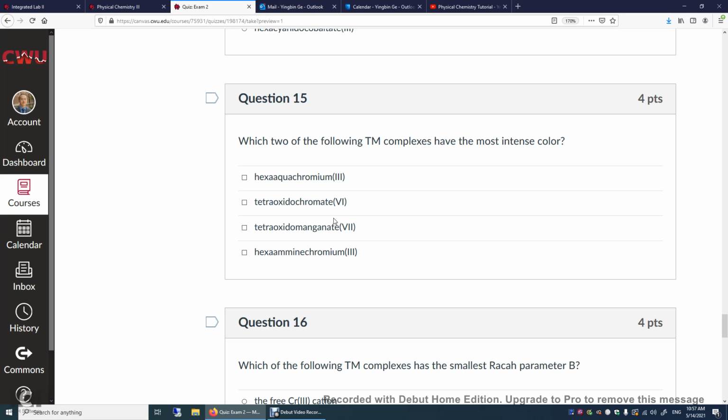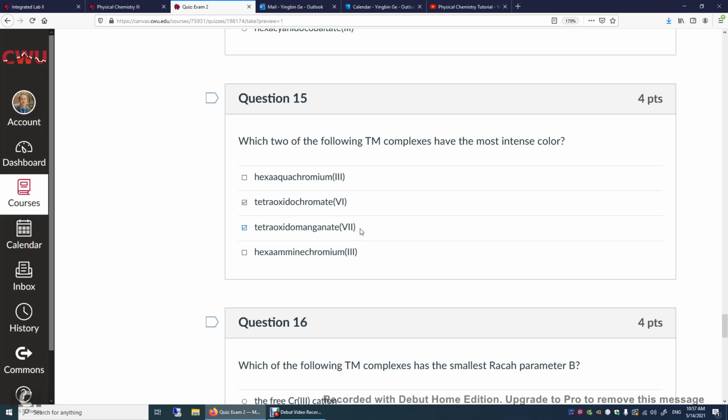Anyway, this is a charge transfer band. And then these 2: tetraoxidochromate with an oxidation number of 6, and tetraoxidomanganate with an oxidation number of 7. This one is called permanganate, I believe.